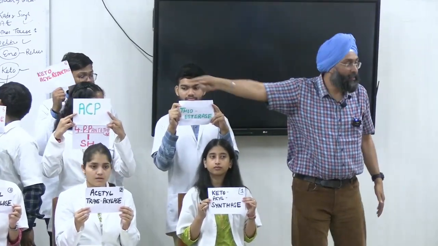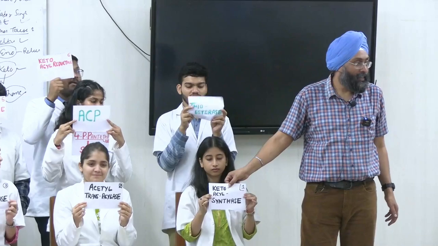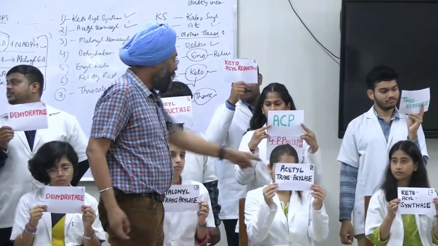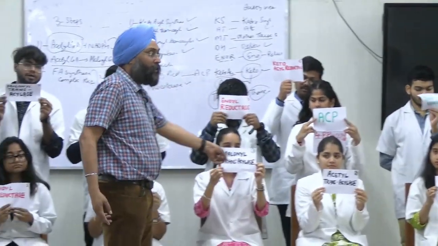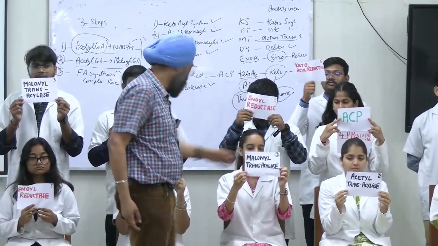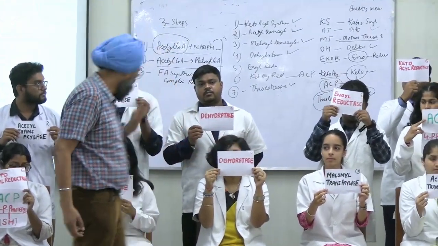Now this monomer is antagonistic. Starting from the first enzyme, this was Kabir Singh, ketosyl synthetase, then acetyl transacylase, then Mother Teresa Hospital, malonate transacylase. This hospital is situated at New Delhi, dehydratase.